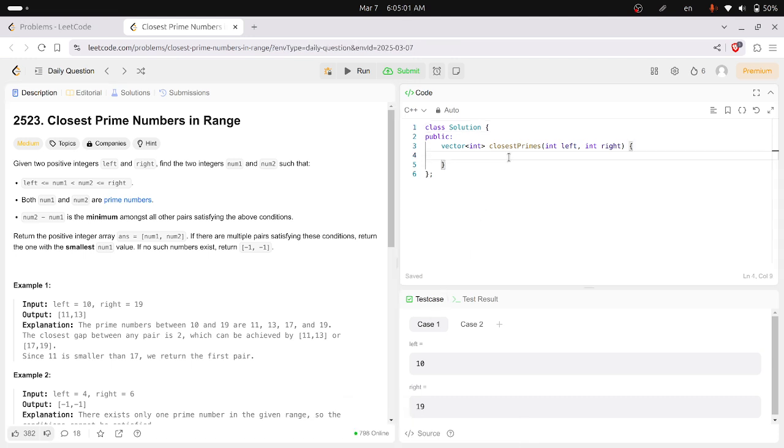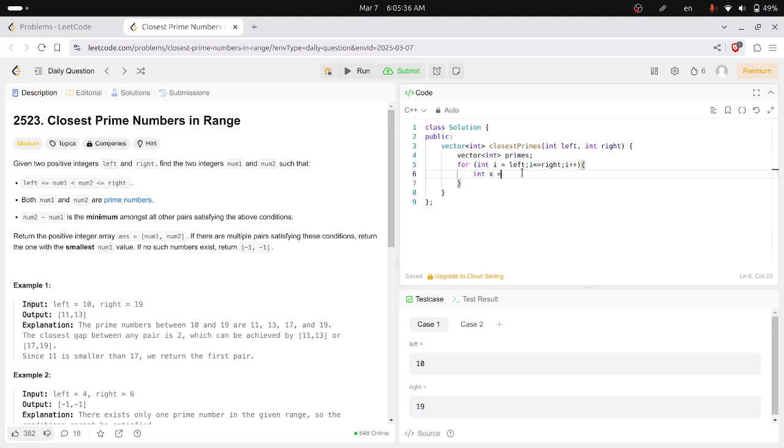Let's start with writing a for loop for integer i equals to left, i less than or equals to right, i plus plus. So I'll have to maybe keep a vector of integer primes, and we'll have to find the prime number here.